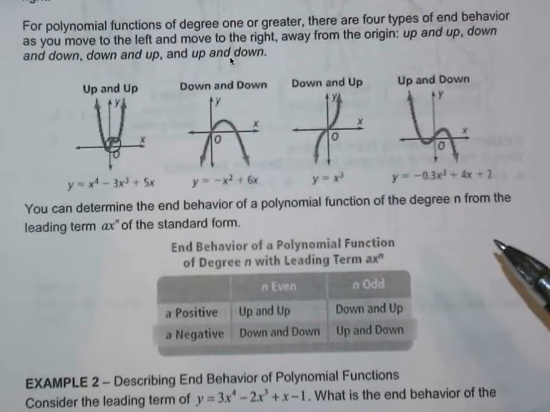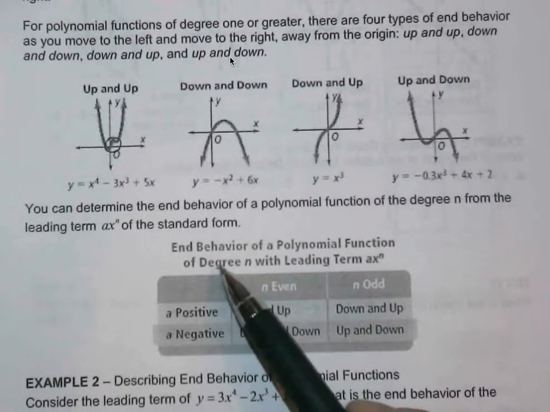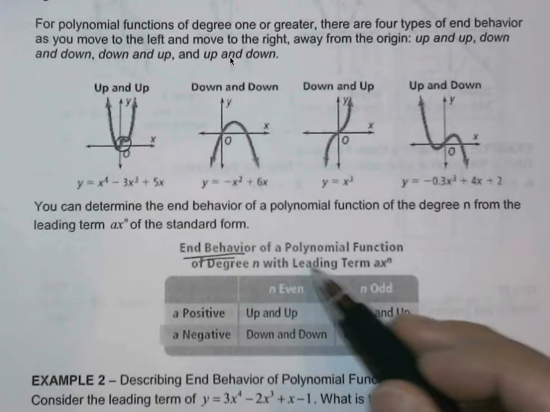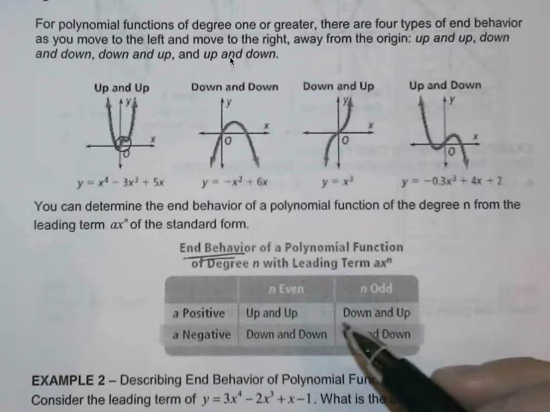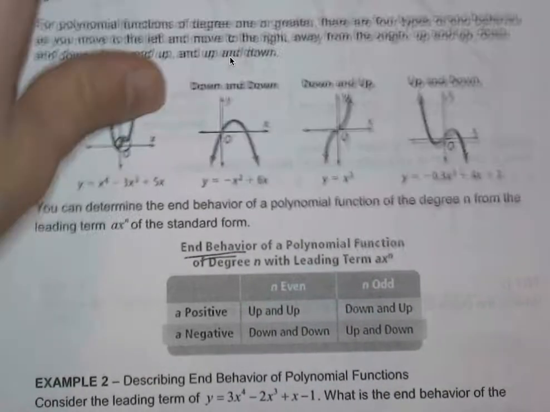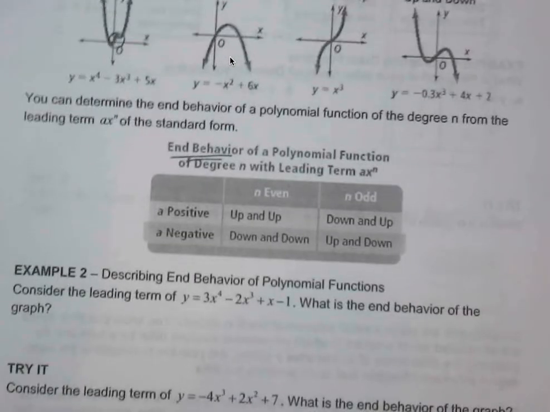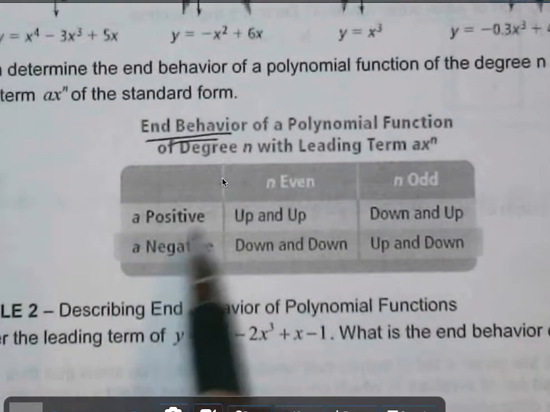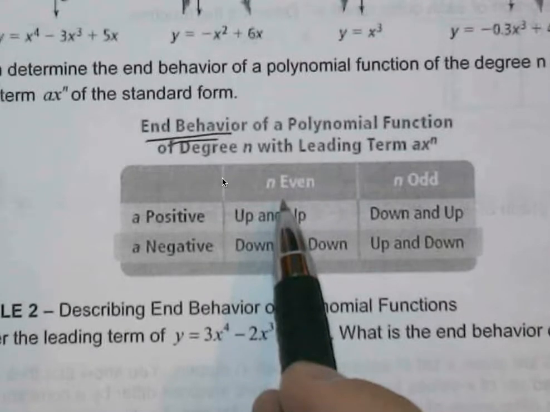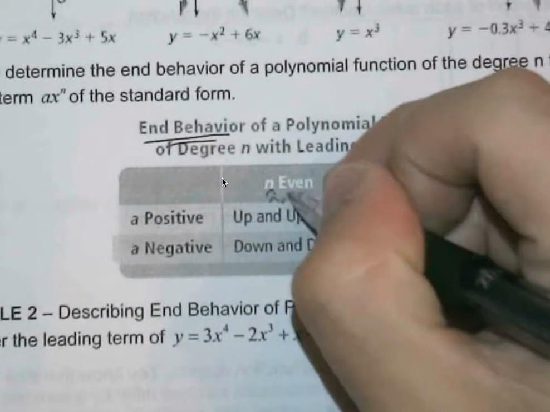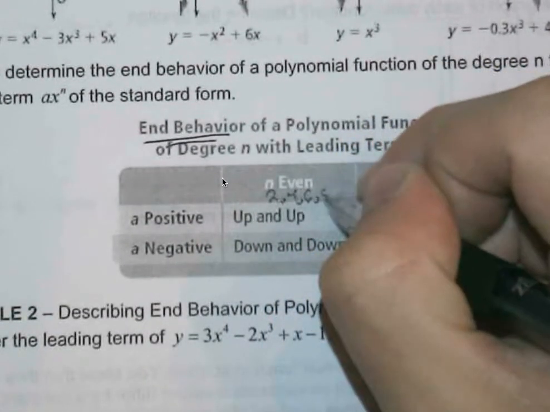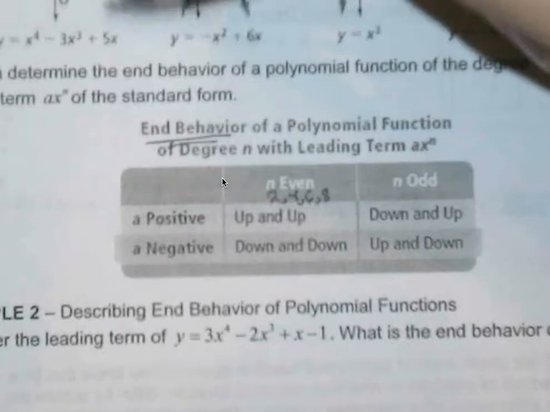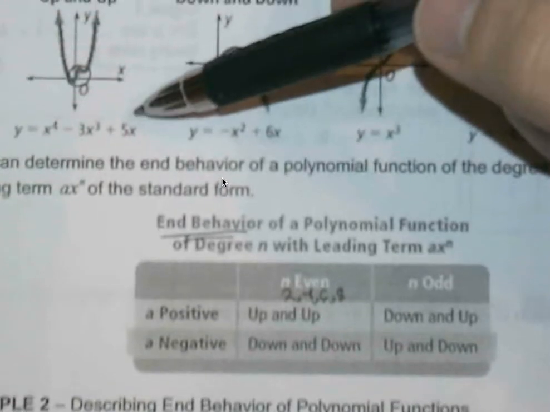And we can dictate what that looks like based off of the end behavior, dealing with the polynomial's leading term. So what does this say? This says that if we have a coefficient for our leading term that's positive, and it's an even degree of n, so this could be 2, 4, 6, 8, this is implying that this is going to go up and up, as seen here with this visual.